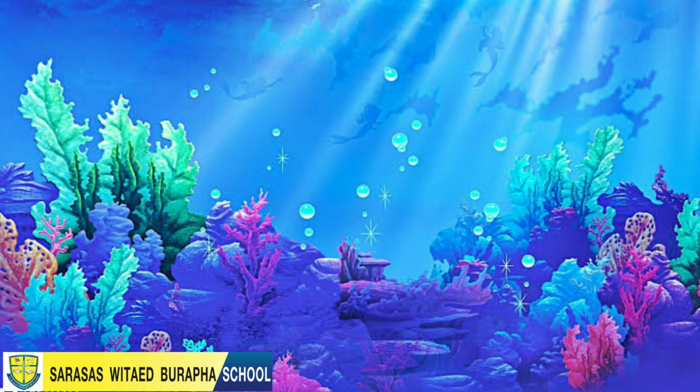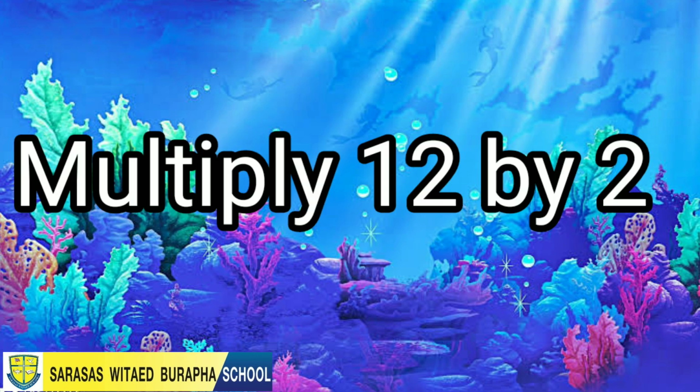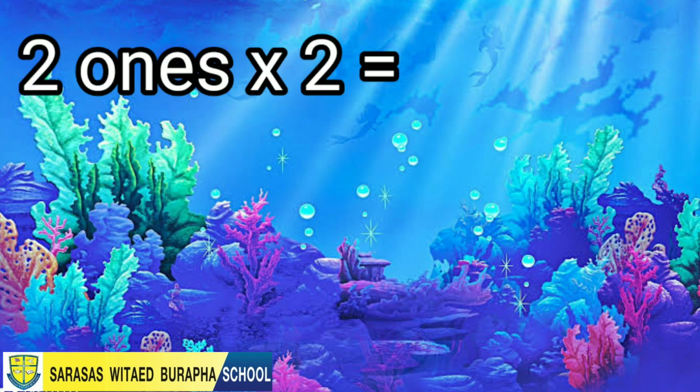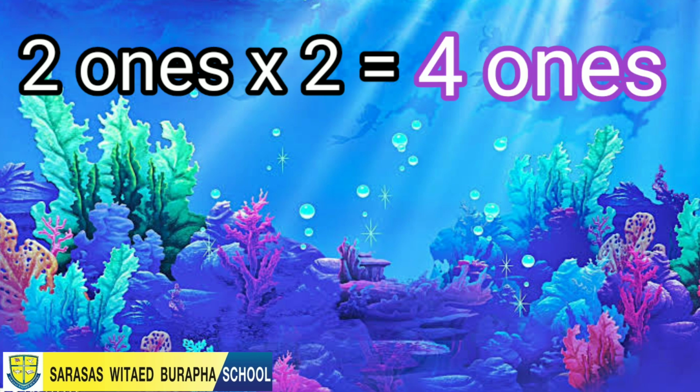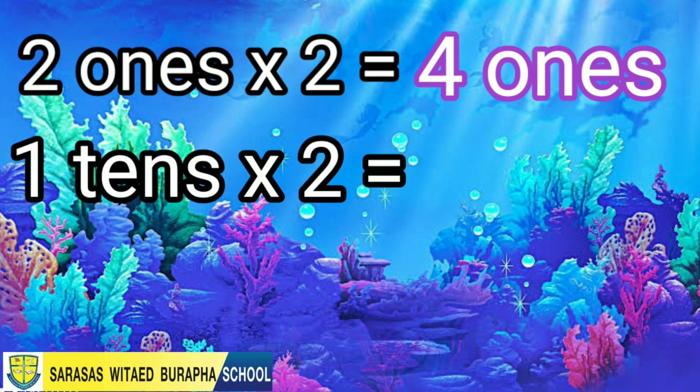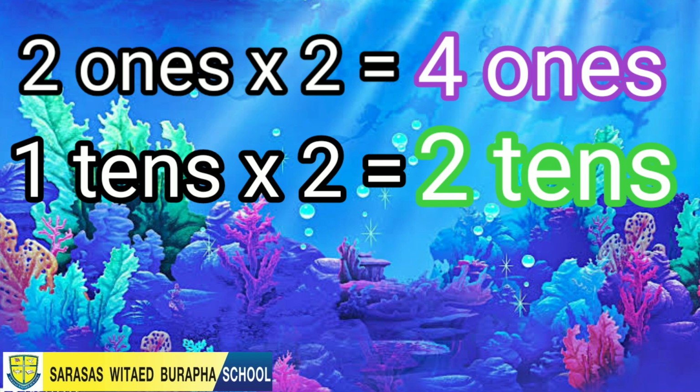Another example. Multiply 12 by 2. That's 2 ones times 2 is equal to what? 4 ones. And 1 ten times 2 is equal to what? That's 2 tens.